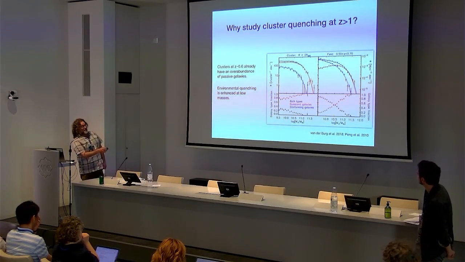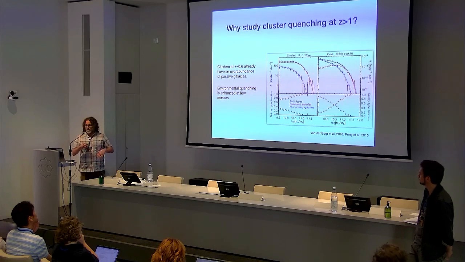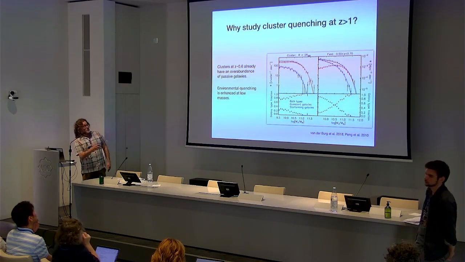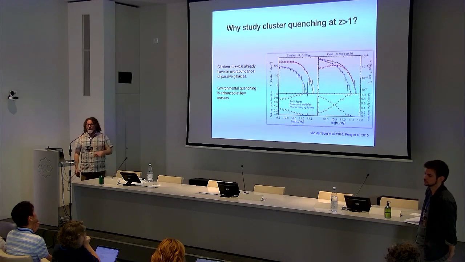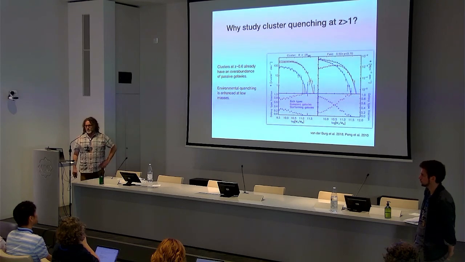You'd expect an enhanced faint end because you have many star-forming galaxies. You're quenching star-forming galaxies equally at all masses, and because you have many more star-forming galaxies, you actually boost the low mass end. We don't actually see that in Go Green. We see exactly the same shapes, and we think that's being driven by this mass-dependent quenching timescale, which wasn't in those earlier models.